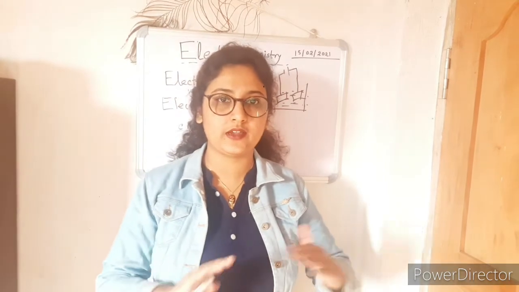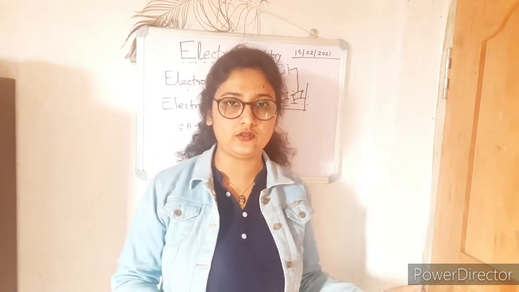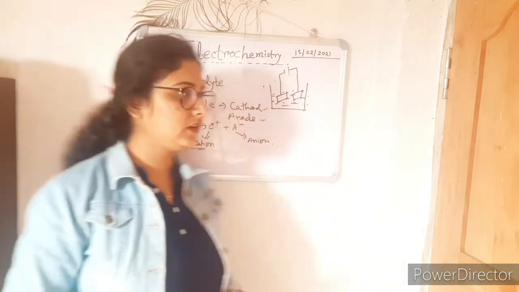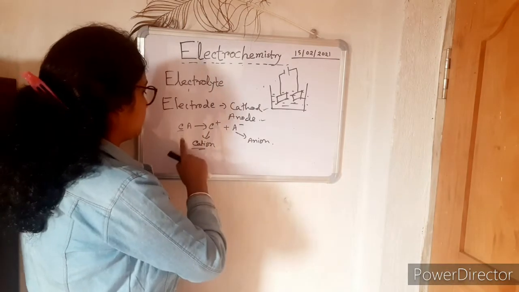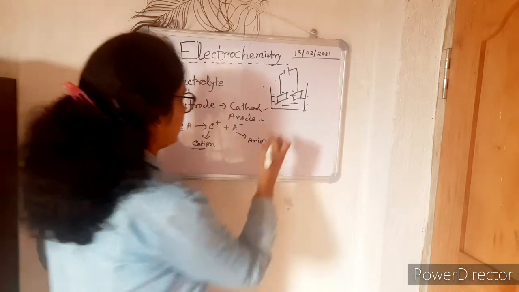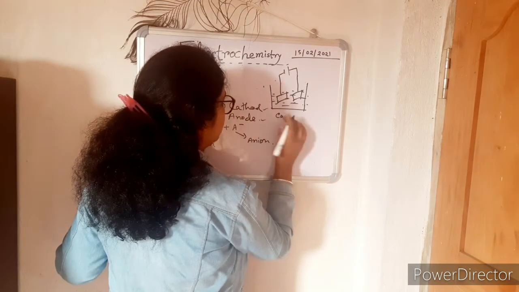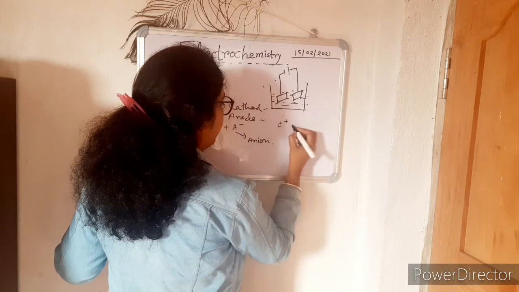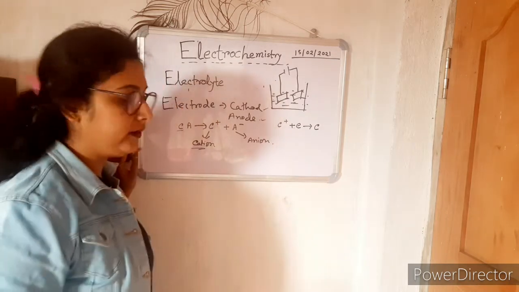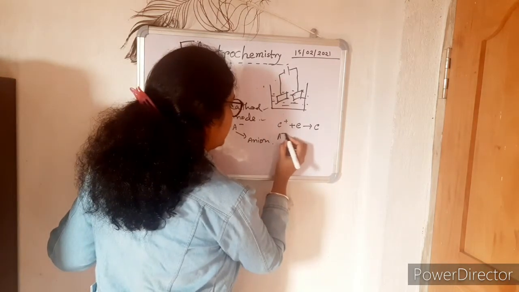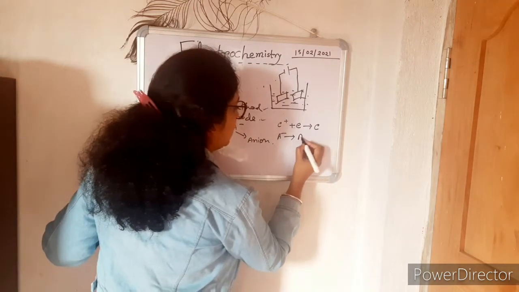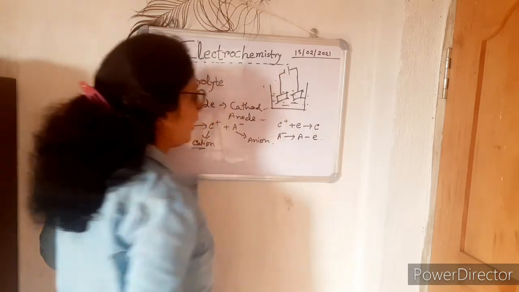So which electrode, cathode or anode, is positive or negative is completely dependent upon which type of cell you are using. Now, the electrolyte is dissociated into two parts, cation and anion. Now, cation will go to the cathode, that is C+ will go to the cathode, and it will take an electron from the cathode, forming C. And the anion, that is A-, will go to the anode, and it will give up the electron to the anode material.